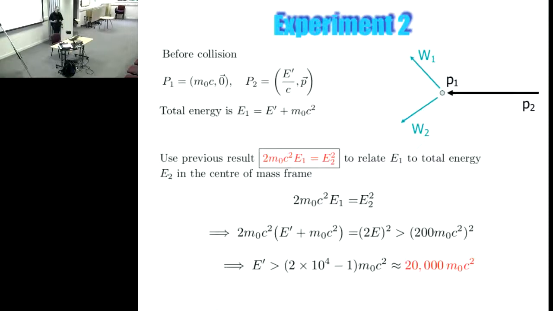So if you wanted to produce 2 W particles using a proton on a fixed target, it's just inconceivable. So that's why they don't. It's not a factor of 1 or 2; it's massive.